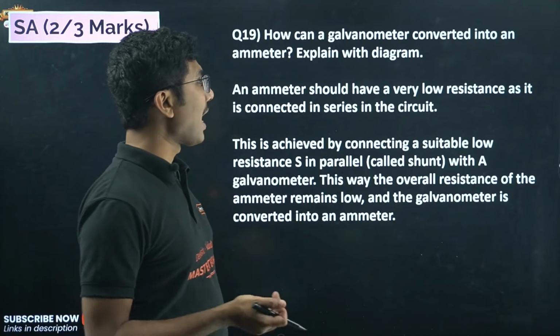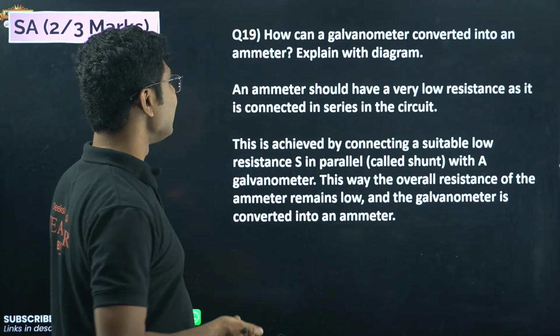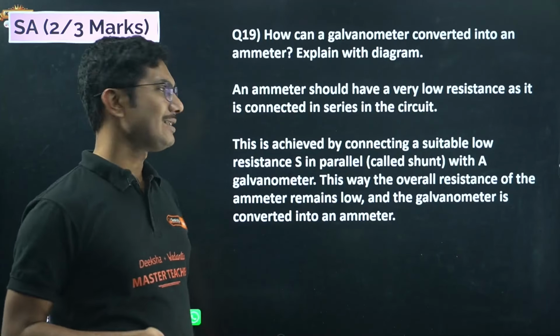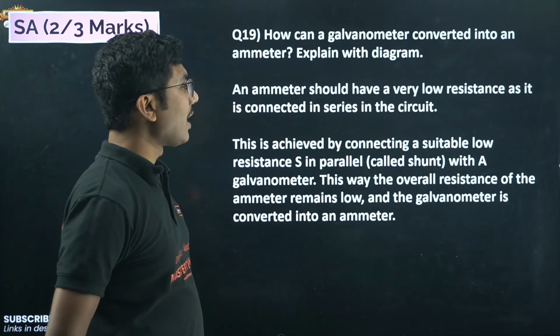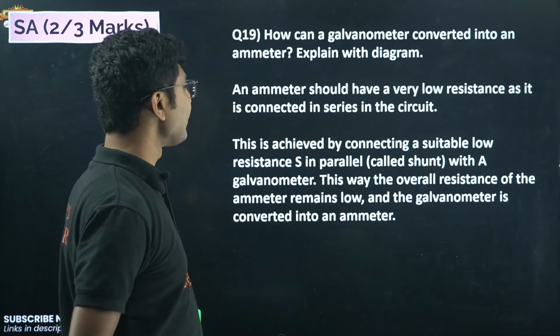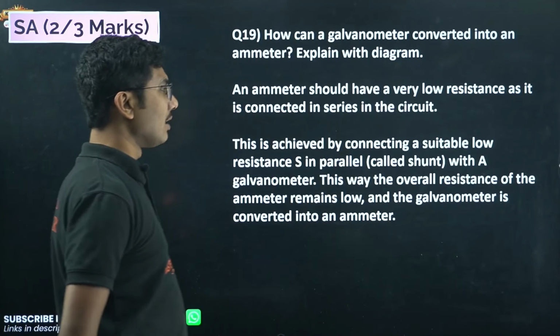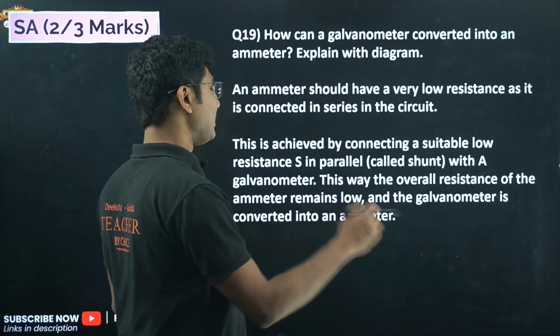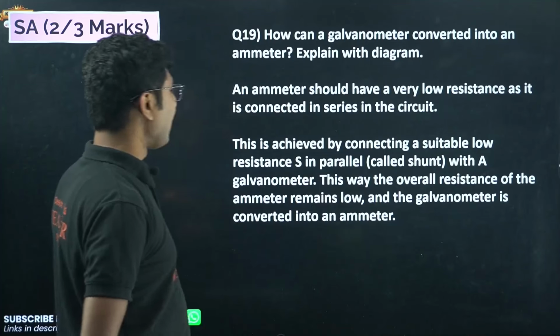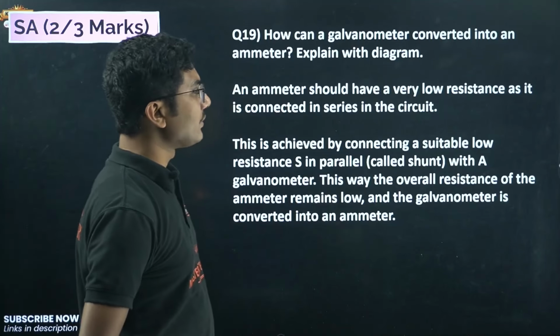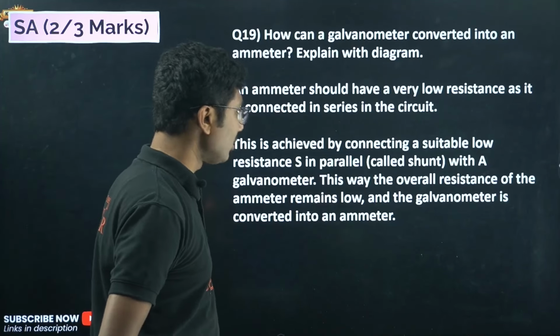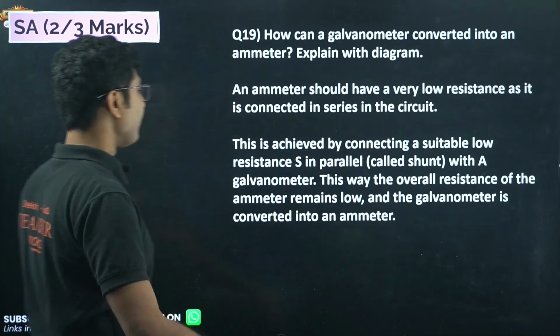An ammeter should have a very low resistance as it is connected in series in the circuit. This is achieved by connecting a suitable low resistance S in parallel, called a shunt, with a galvanometer. This way the overall resistance of the ammeter remains low and the galvanometer is converted into an ammeter.